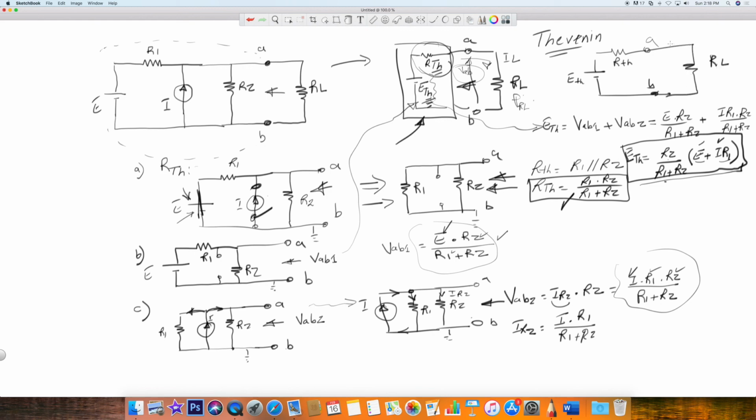And if you were to look for the load current, IL, well, that would be ETH divided by RTH plus RL. Okay, now if you want the true VAB from here, well, that would be your IL times RL. And that would be the VAB that you would want from the system.